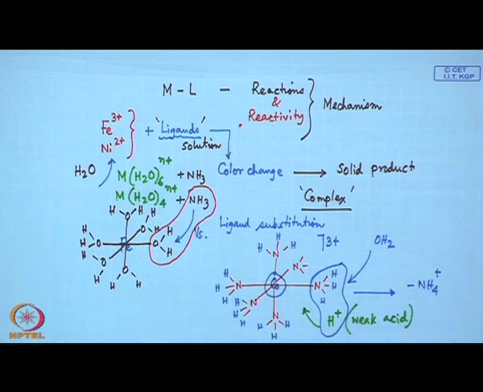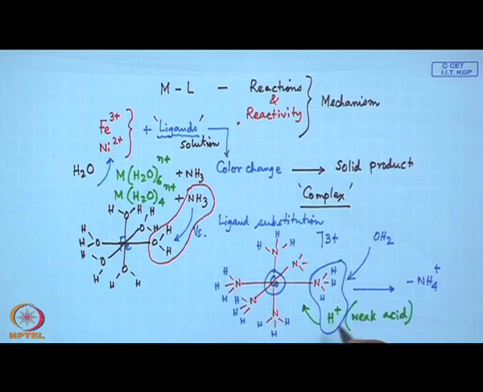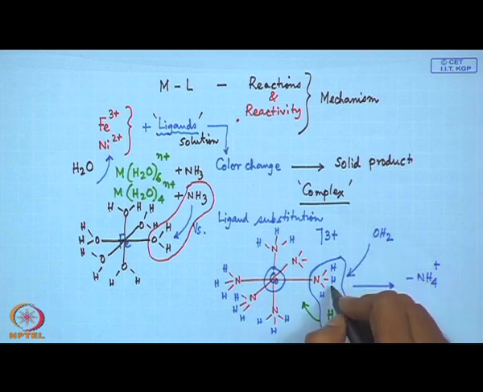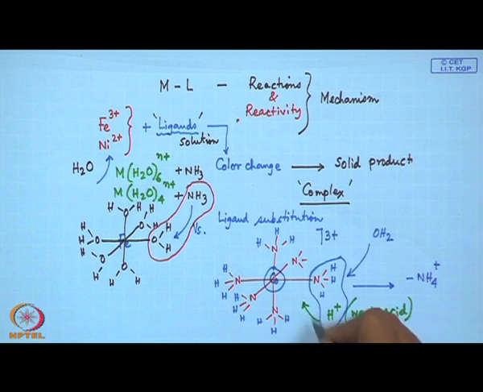And since we are giving some amount of proton into the system, which is acidic in nature, this water molecule will come and occupy this position. So, it is basically triggered by the addition of these protons.